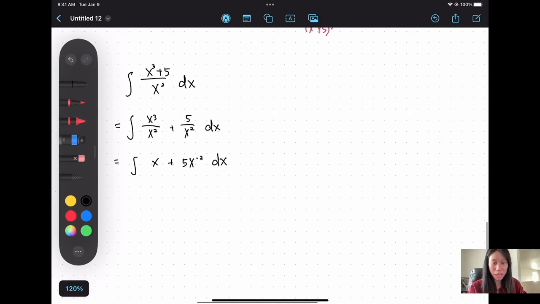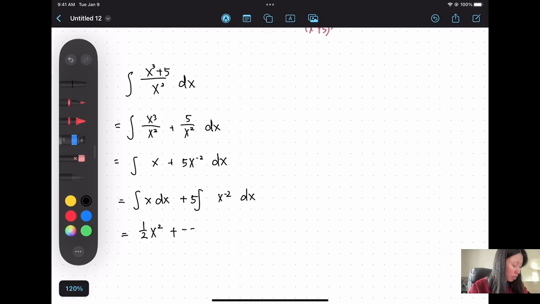By the property of integrals, we know this is equivalent to integrating each term separately, so we can separate a big integration into these parts. In fact, I can pull the 5 out, right? The 5 can stay outside of the integration. So when we integrate the first one, I get 1/2 x squared plus, for this one, negative 5 over 3.